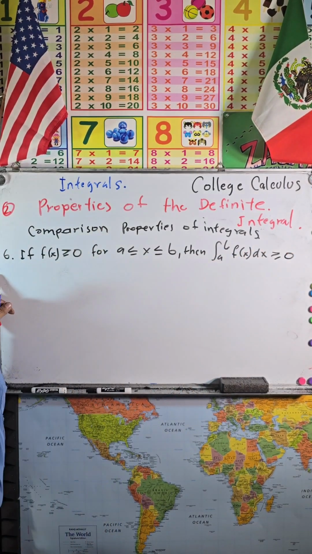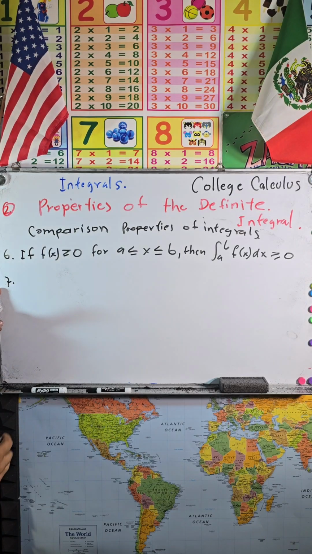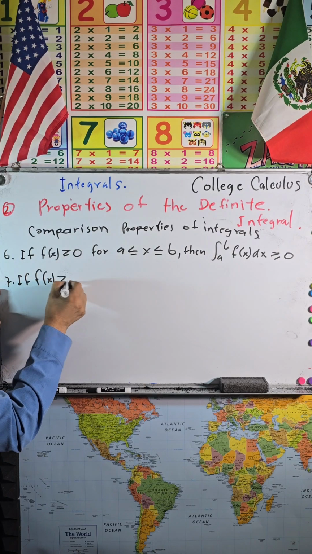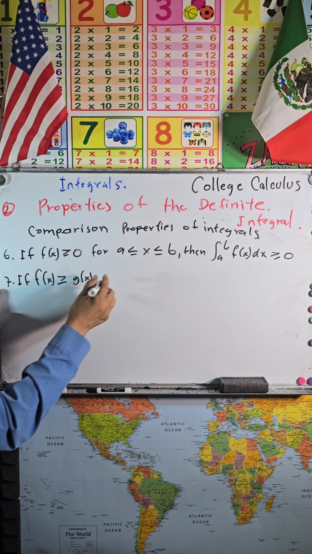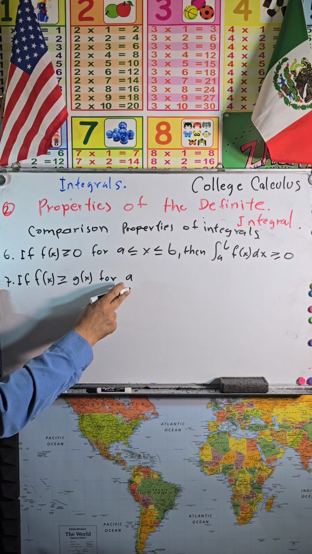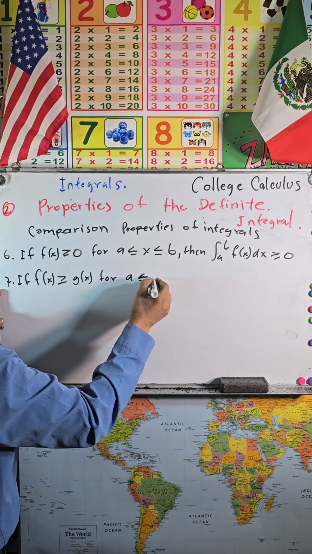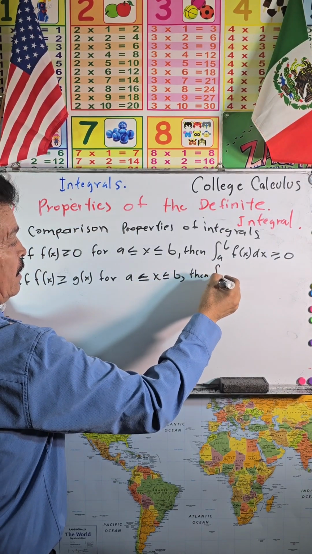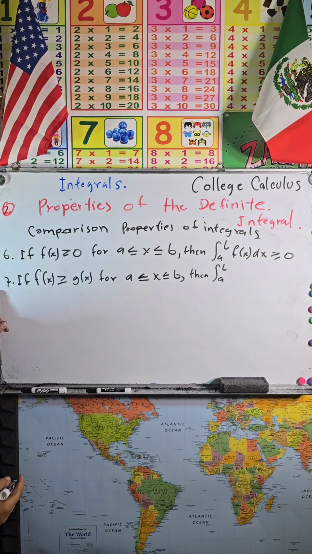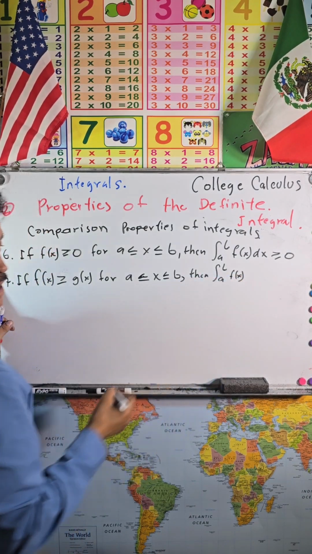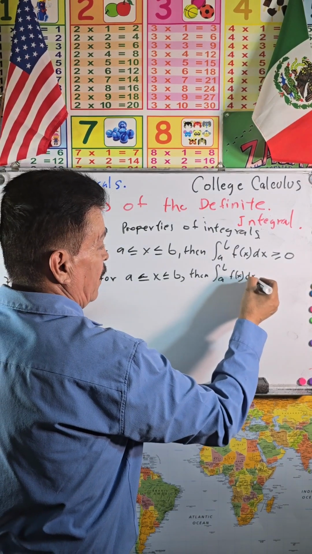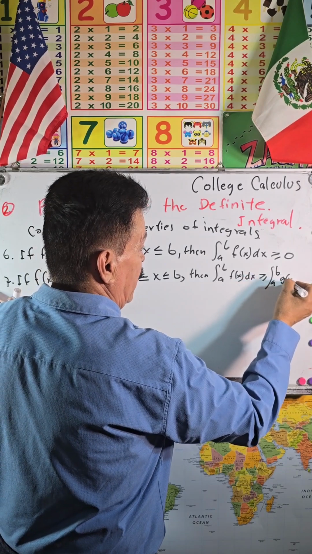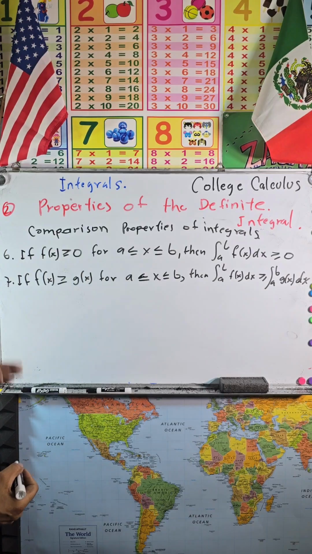Number 7, if f of x is greater or equal than g of x for a less or equal than x, less or equal than b, then the integral from a to b of f of x differential of x is greater or equal than the integral from a to b of g of x differential of x. Okay, that's number 7.